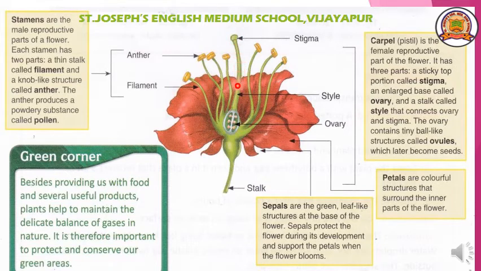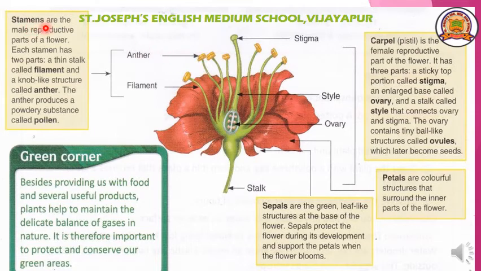The style is a tube-like structure. It passes the pollen to the ovary. Then fertilization takes place. The ovary develops and grows larger. The ovary forms a fruit, whereas the ovules become the seeds of that fruit. This process is called fertilization.